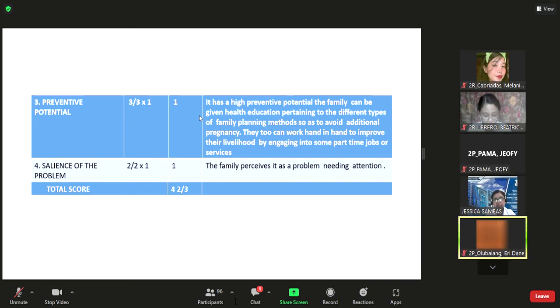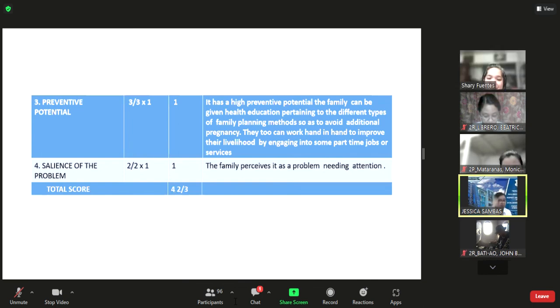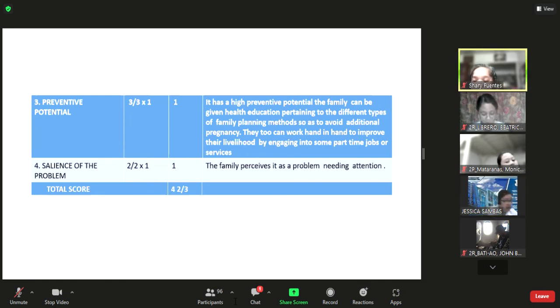Yes, ma'am. Maybe you have a question before we proceed. Any question regarding prioritization of problems? This is one of the requirements or contents of the family case study. You need to do prioritization.